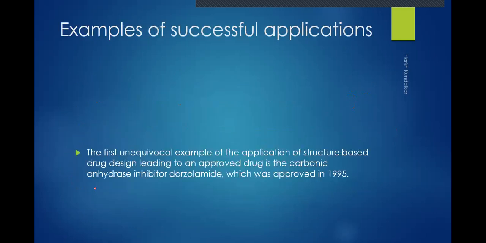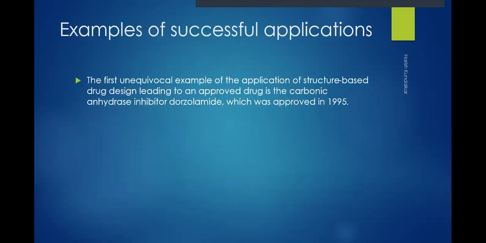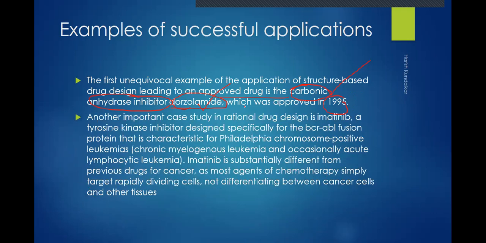As examples of successful applications, we have the structure of an approved drug called dorzolamide, which is a carbonic anhydrase inhibitor, that is, a diuretic. It was approved in 1995, and this drug dorzolamide was discovered on the basis of docking. Then we have many other examples of successful application of docking.